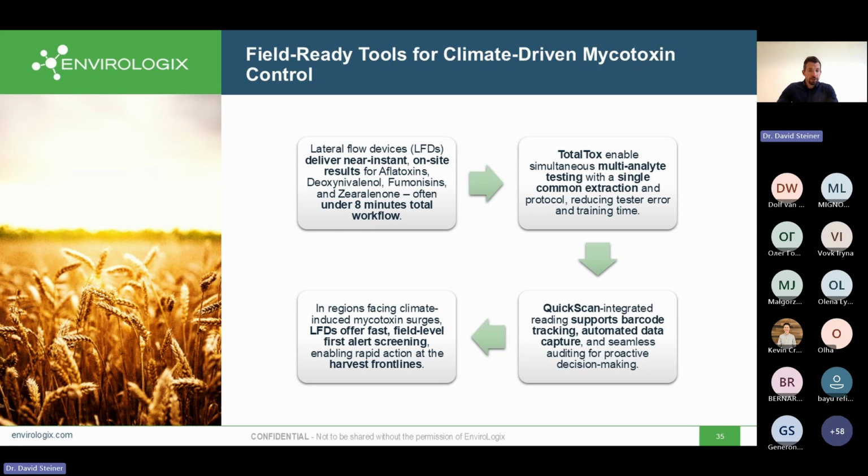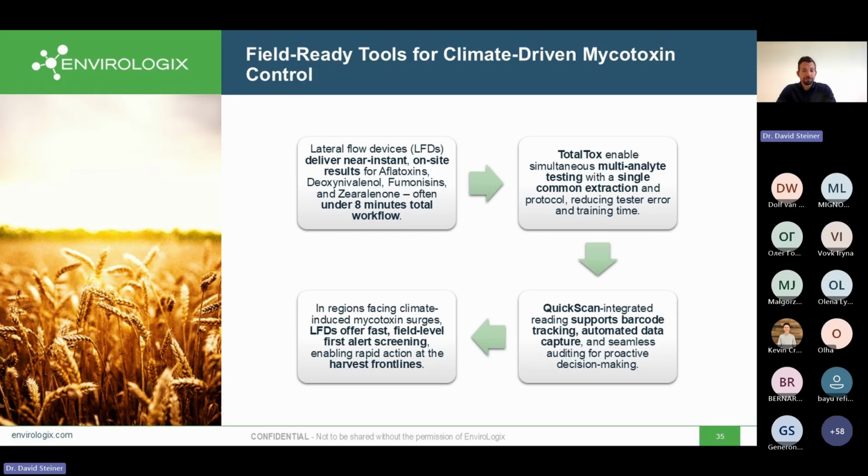The TotalTox, for example, enables simultaneous multi-analyte testing using a single standardized extraction protocol, which also reduces operator error and shortens the training requirements while still maintaining robust and reproducible results.